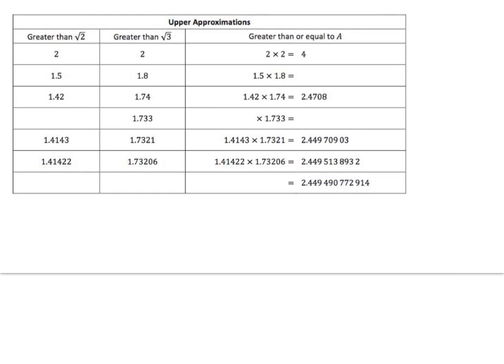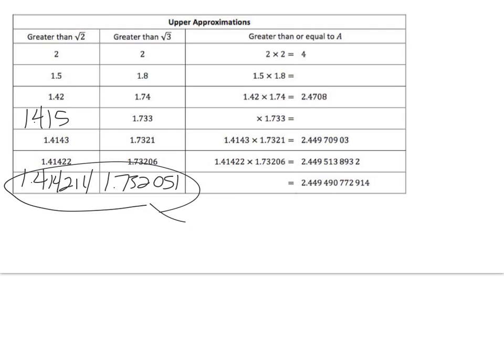Okay, upper approximation, same deal. What did we do? 1.5, we just kept writing out more and more numbers: 1.415, 1.4142. 1.732051. It's funny, I have to look those up myself. So if I multiply these two right there, I'll get that number. So we're zeroing in closer and closer.